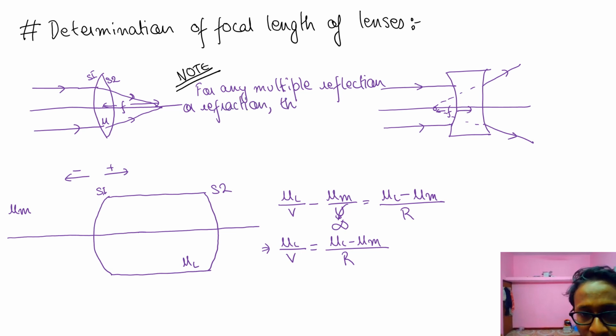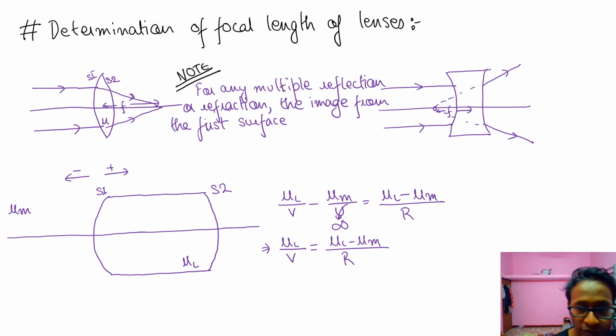the image from the first surface or first device will act as an object for the second device or second surface.